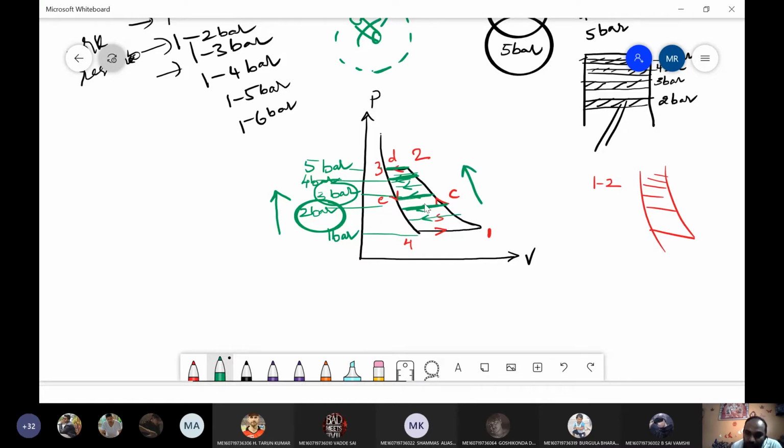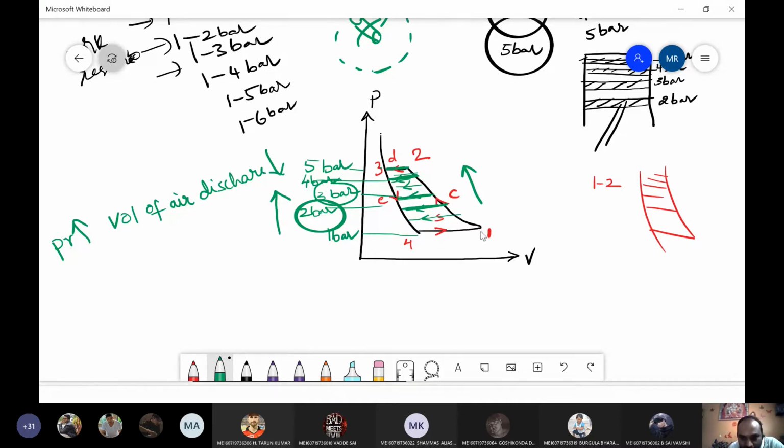When the pressure is increasing, the volume of air discharged is decreasing. Agree? Now what does it mean? The position of the piston is moving towards the top dead center.